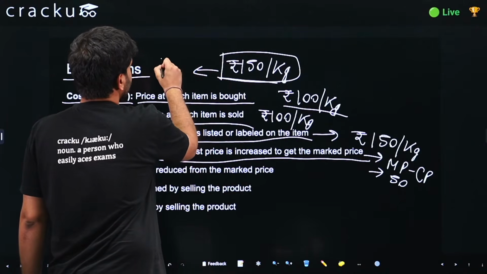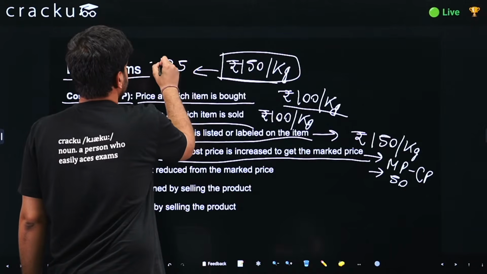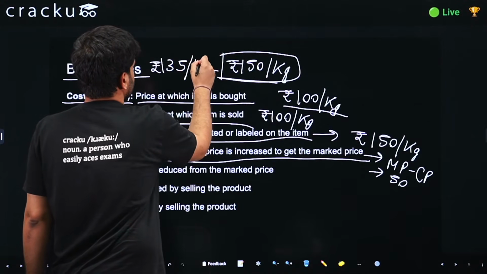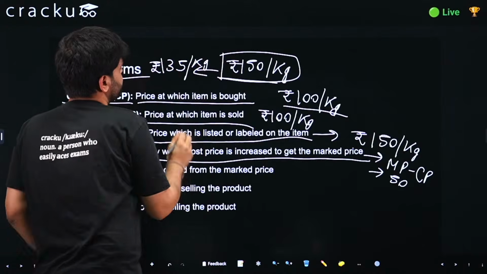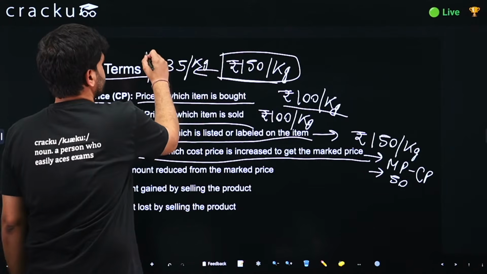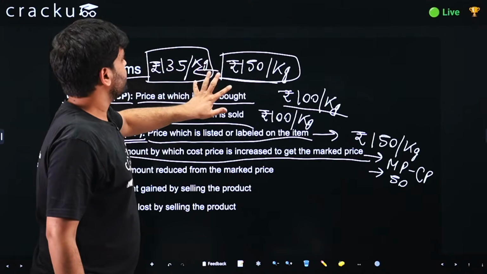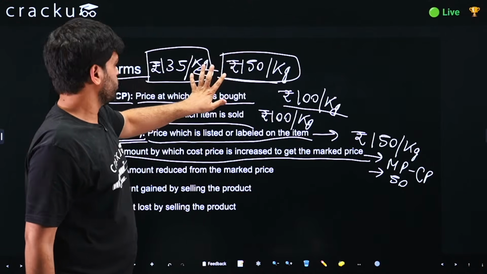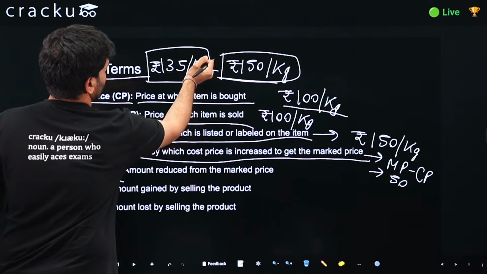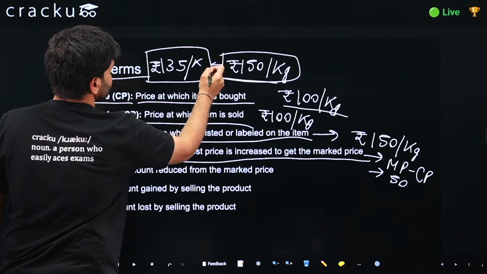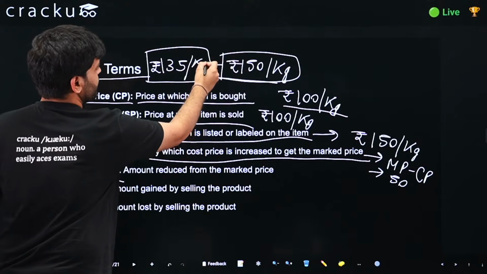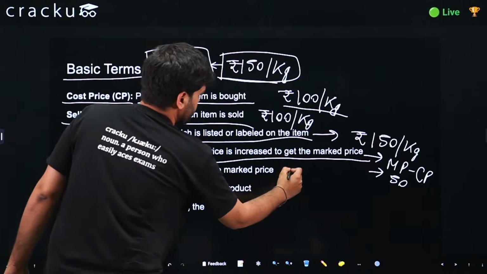I sell him at 135 per kg. Now this was the marked price, this is the selling price. I gave him discount, and the difference between both would be the discount. So in this case, the discount would be 150 minus 135, which would be 15.